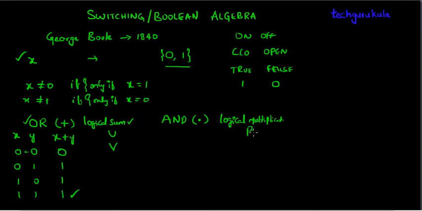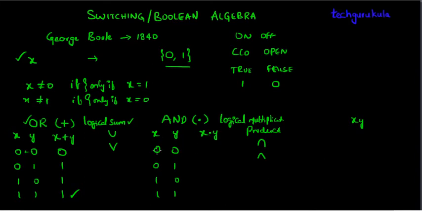We can represent this with symbols like intersection or an inverted V. Now let's take two variables, x and y, similar to the earlier case. They can take values 0 0, 0 1, 1 0, 1 1. So what is x dot y? Usually we don't use the dot symbol; if we want to write it, we simply write xy. But here we are showing it because we are doing it for the first time.